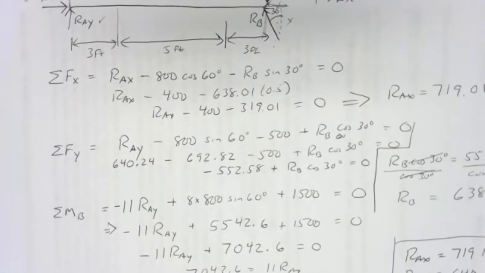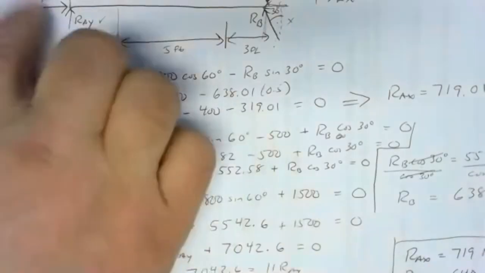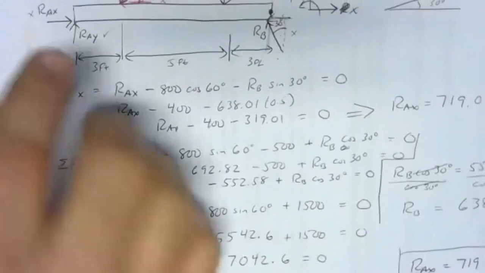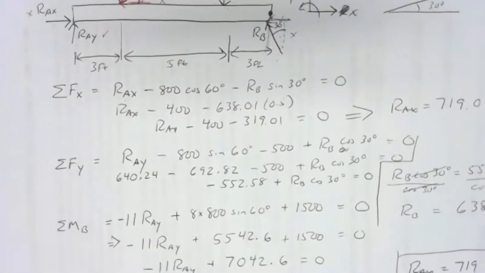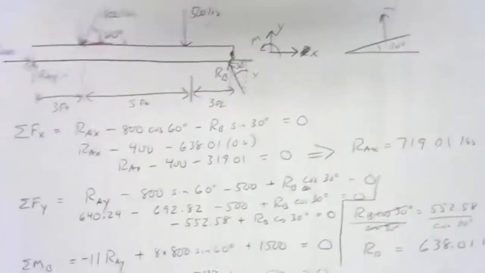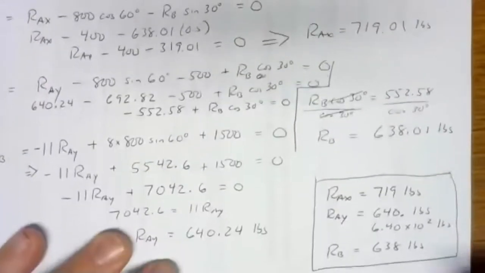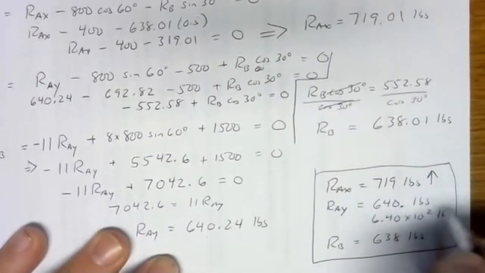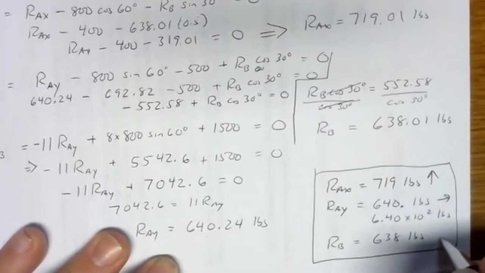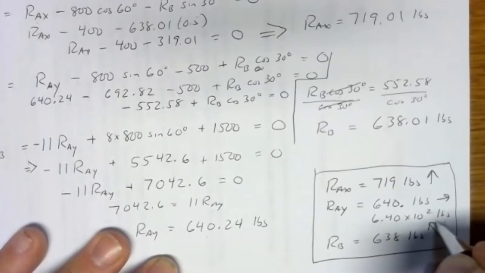That would work too. But if I have positive values here, I'm going to look at your free body diagram for your definitions of your directions. So anything that communicates the correct direction. But yeah, it wouldn't be a problem at all to go down here and say, well, RAX was 719 pounds up, RAY to the right, and this was off at a 30-degree angle.